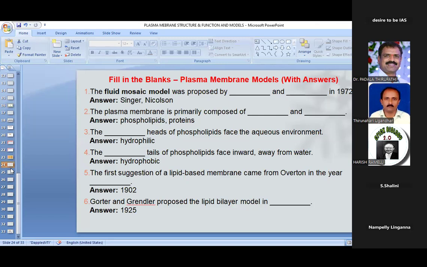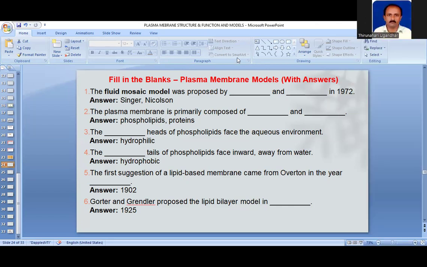So this is the major part of the year; it completes the total topics of the plasma membrane. Fill in the blanks. The fluid mosaic model was proposed by dash and dash. It is important. The plasma membrane is primarily composed of phospholipids and proteins.